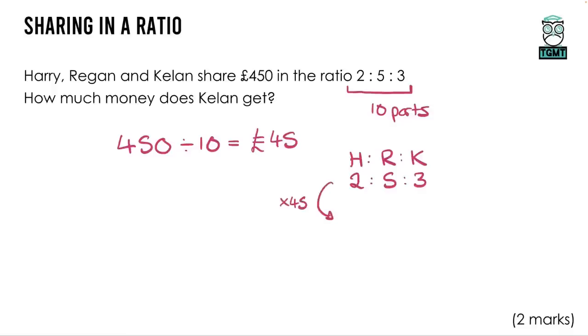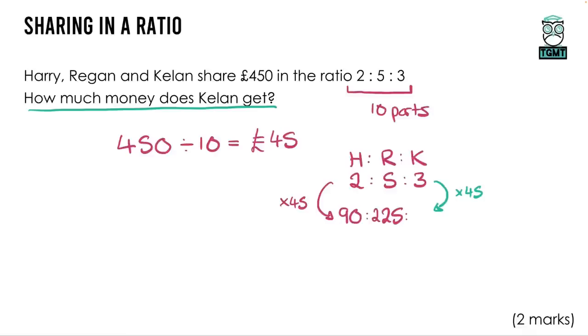This question itself does only want to know how much money Keelan gets, so we do actually need to only work out this one on the right. As long as we times that by 45, we will get the answer, but it is good practice to multiply them all. Now 2 times 45 would give us 90. 5 times 45, take your time to work this out, but we get 225.